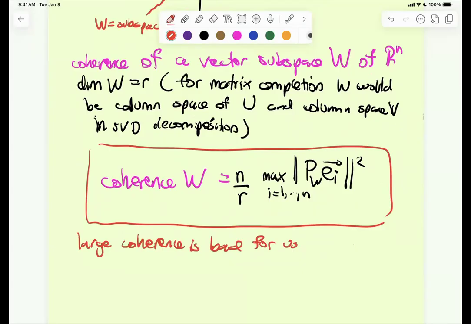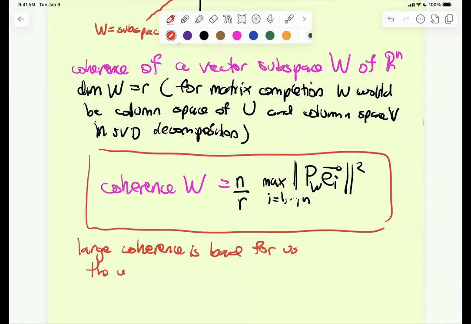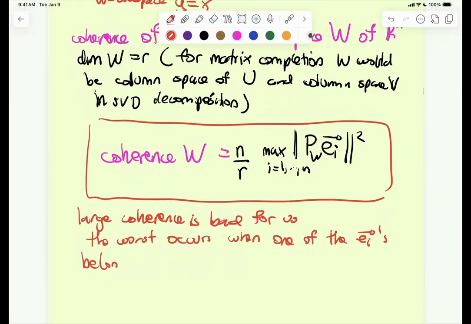And so, for example, the worst it could get, the worst case occurs when one of the canonical basis vectors, one of the e_i's, belongs to the vector subspace W, because in that case the projection of e_i would be e_i itself, and its length squared would be 1, right?